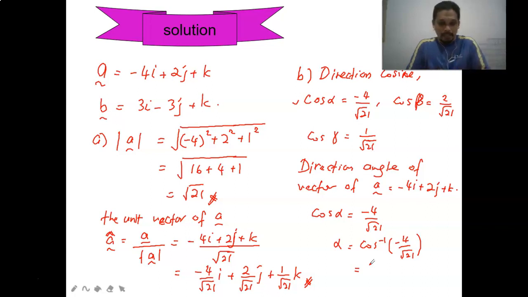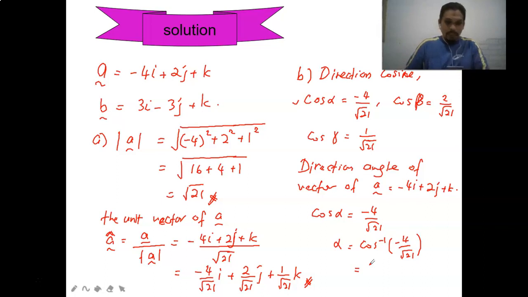Then enter negative 4 divided by square root of 21, as you see on the screen here now, and press enter.